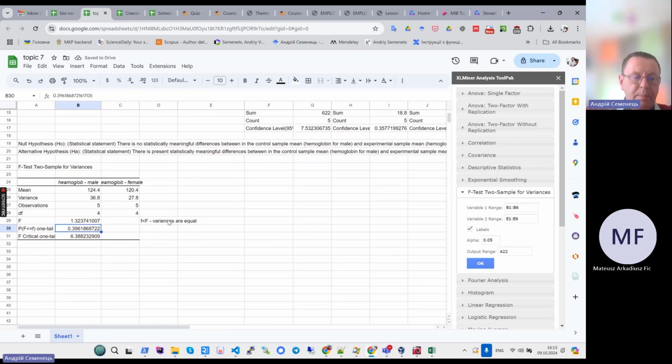But P greater than 0.05. Result is insignificant. Actually, we do not have enough evidence that it's really true.